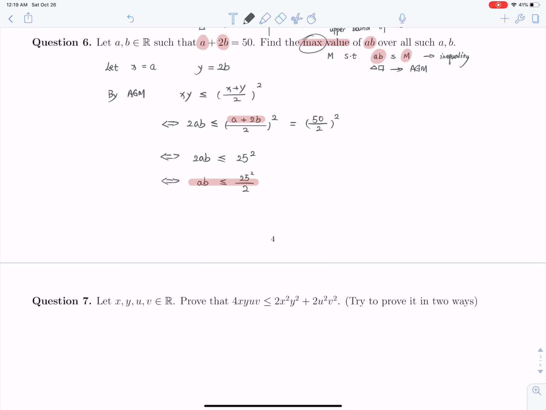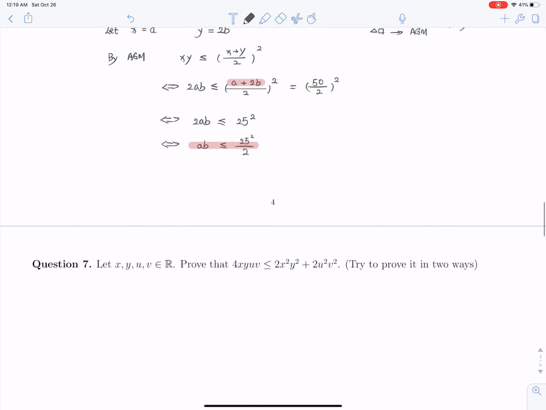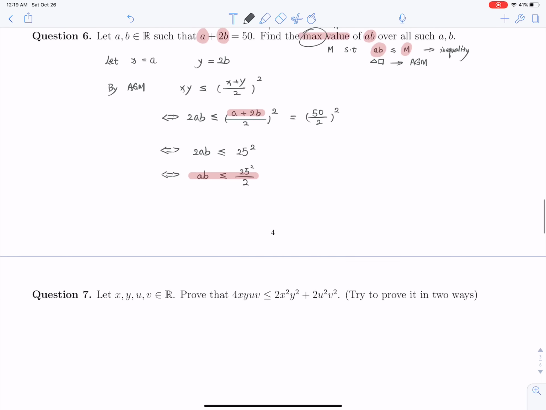Well, we know that ab is smaller than or equal to 25 squared over 2. So right now you want to say that is the maximum value of ab. But we need to verify that this number actually exists. Okay?